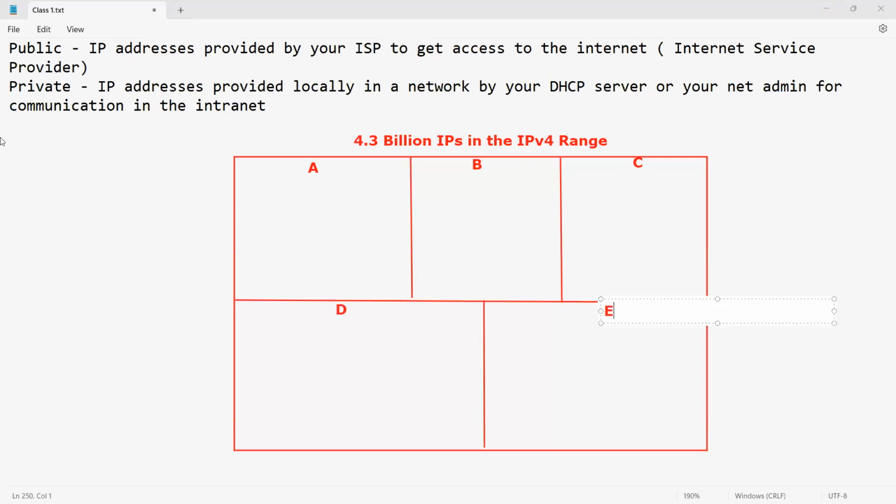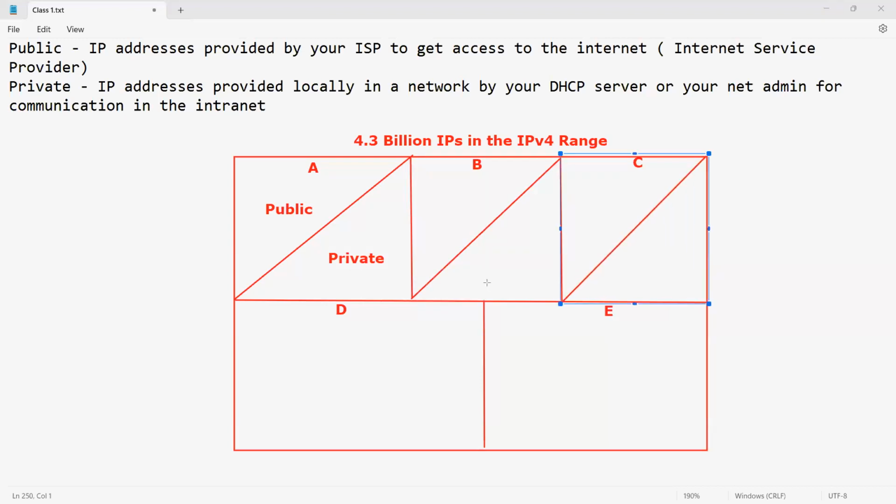Again, each class is divided into 2 subcategories. Class A has some IPs in the private IP range and some IPs in the public IP range. Don't worry about what they are, I'm going to explain that in a bit. Class B is the same scenario, some public and some private. Class C as well. But in class D and class E, there are no private IPs.